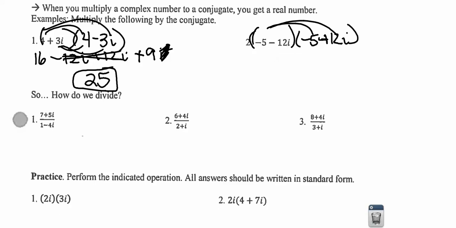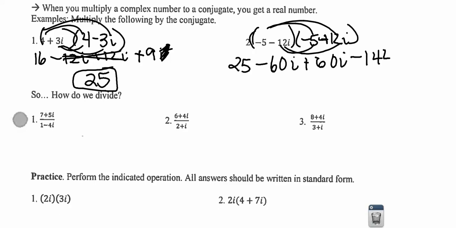So negative 5 times negative 5 is 25. Negative 5 times 12i, that's negative 60i. And now I'm going to distribute this way. So it's going to be plus 60i. And then it's going to be minus 144i squared. The i squared, scribble it out and do what? Change my sign. So my 60i's are going to cancel out. So I have 25 plus 144, which is 169.